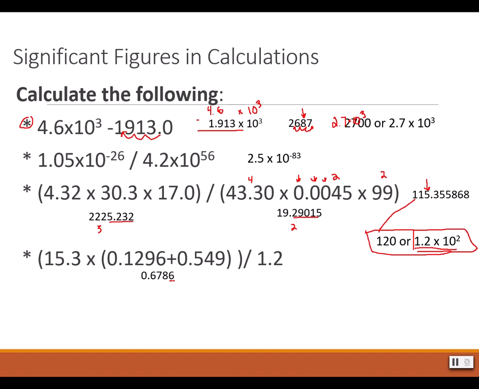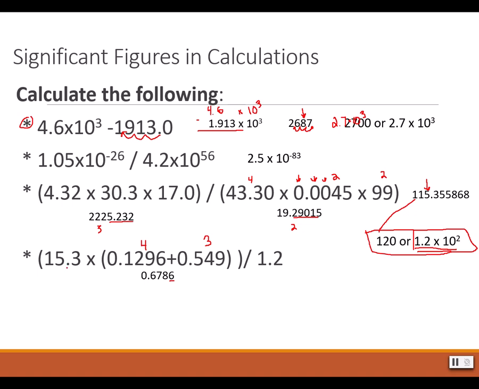Remember, I care about number of sig figs after the decimal. This has 3. This has 4. So my answer should only have a total of 3 sig figs after the decimal. I'm not going to drop that 6 yet. I'm not going to round. But I just need to keep that in mind for doing the other parts of the problem.